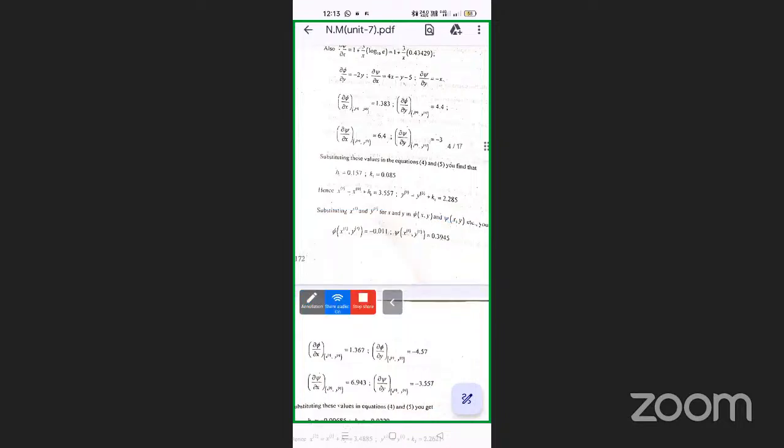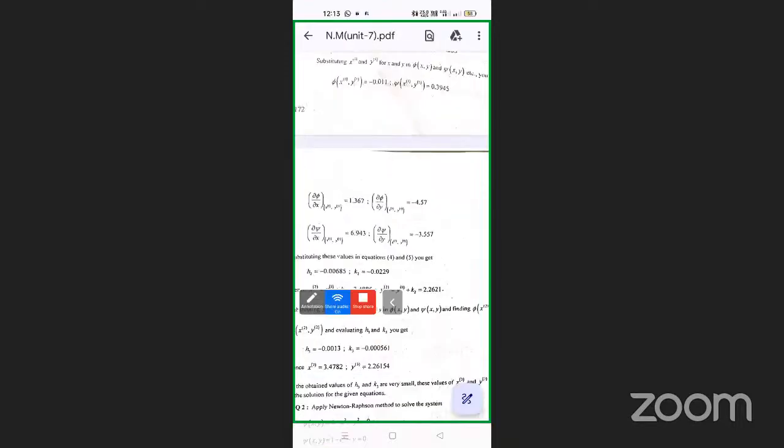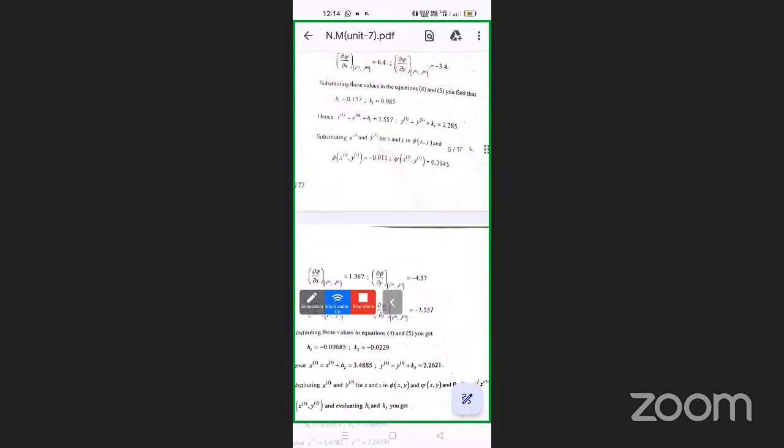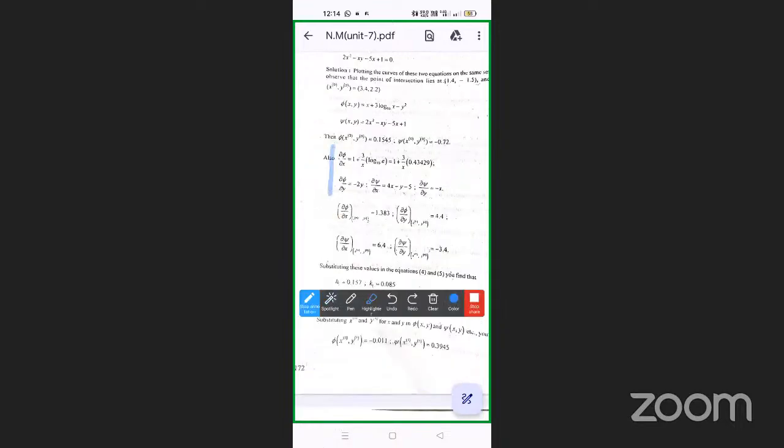So next, these are the derivatives with respect to x and with respect to y. In the previous equations, substitute x is equal to x1, y is equal to y1. So we are getting dou pi by dou x at x1 comma y1, dou pi by dou y at x1 comma y1, dou psi by dou x at x1 comma y1, and dou psi by dou y at x1 comma y1.